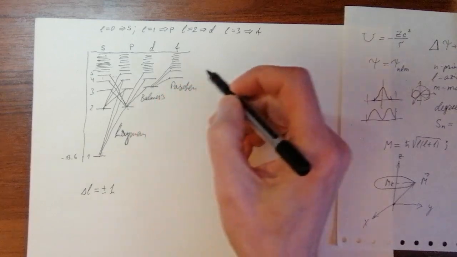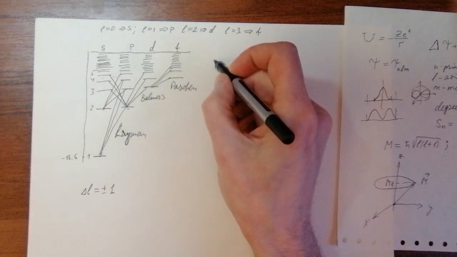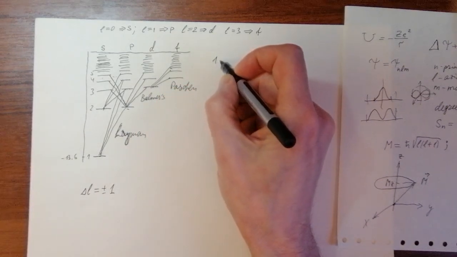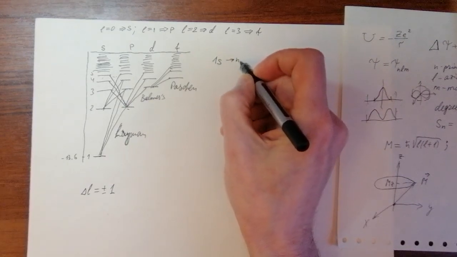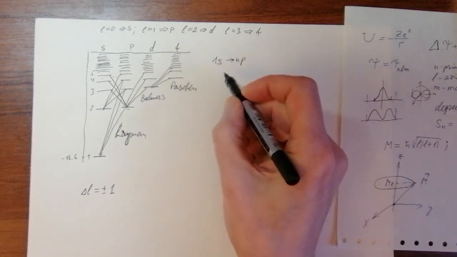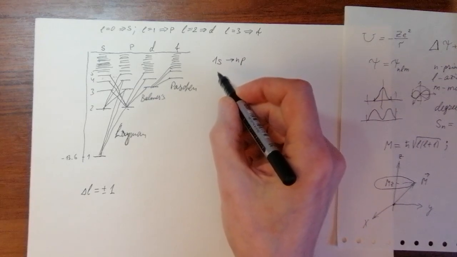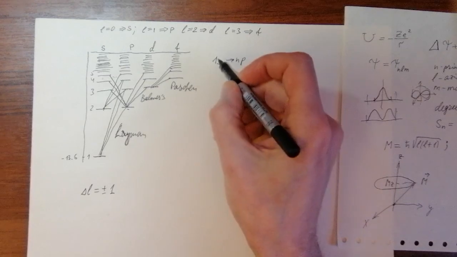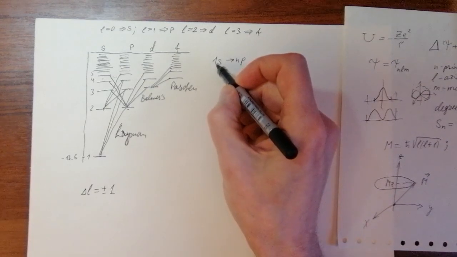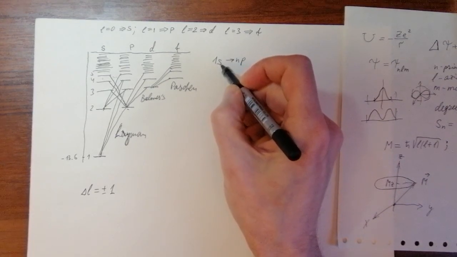So the absorption spectrum corresponds to transfers of type 1s to np. It is customary to denote all the states by first writing the n number and then a letter denoting the L number.